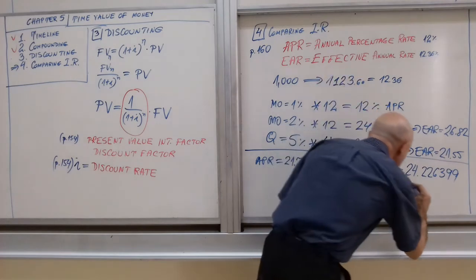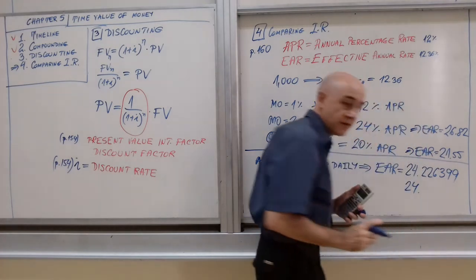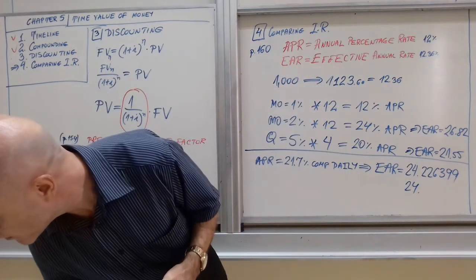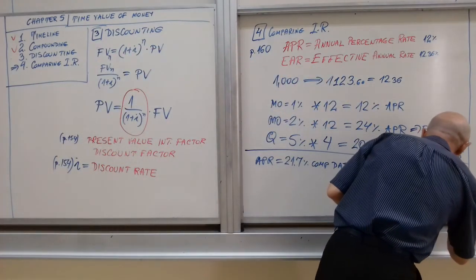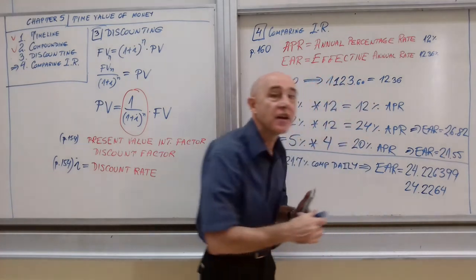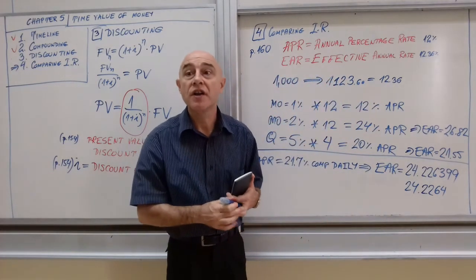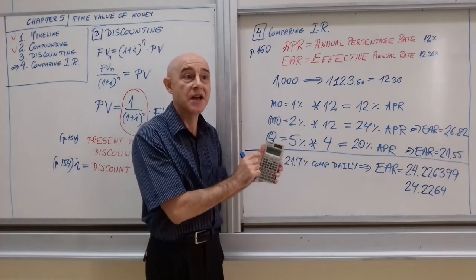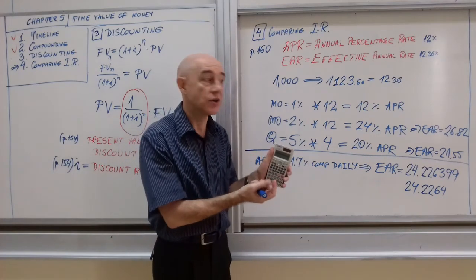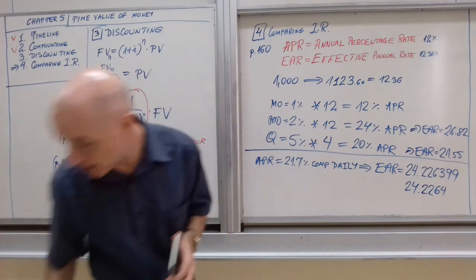And in the textbook they say 24.2264. Again, very quick, very easy calculation as long as you know how to set up the calculator.